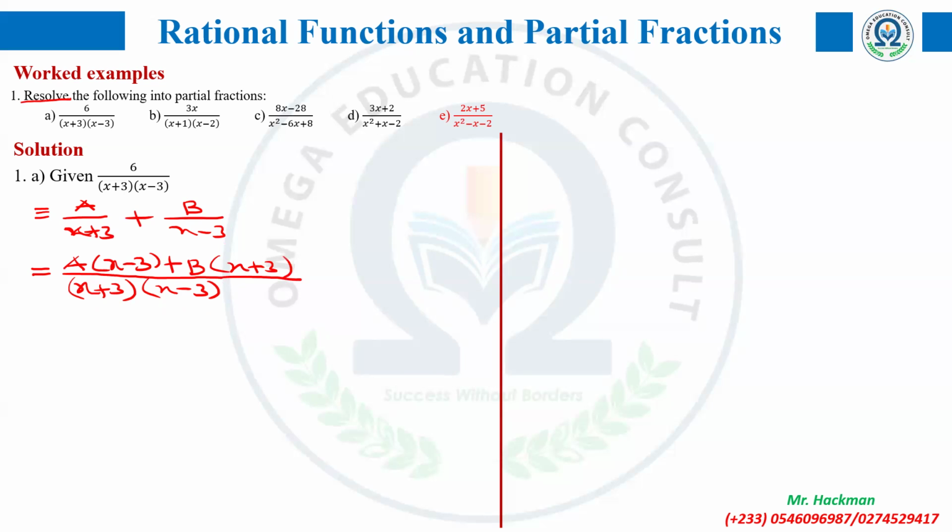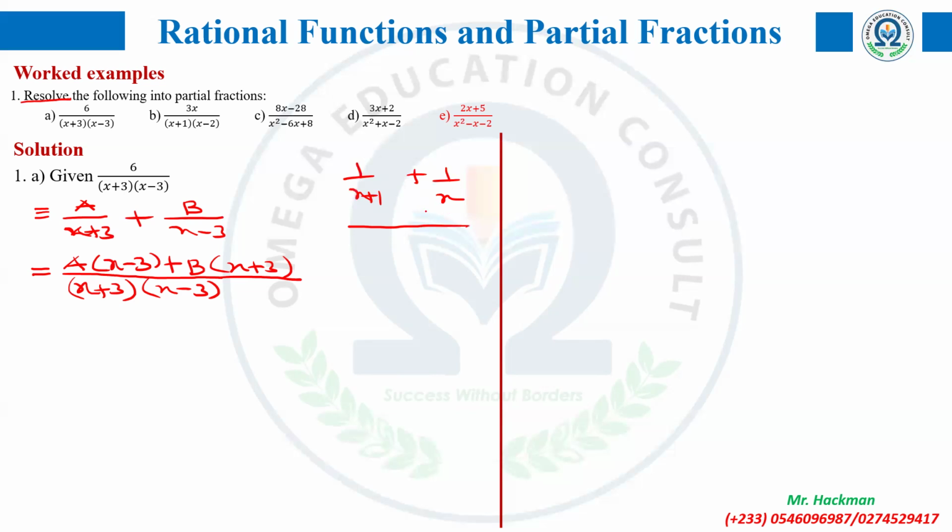Who wants me to come again? Okay, all right. So this one, you can see that assuming I give you 1 over x plus 1, then plus 1 over x. What will be your LCM, if I ask you to write this as a single fraction?